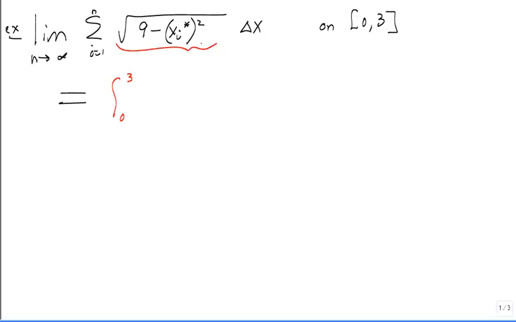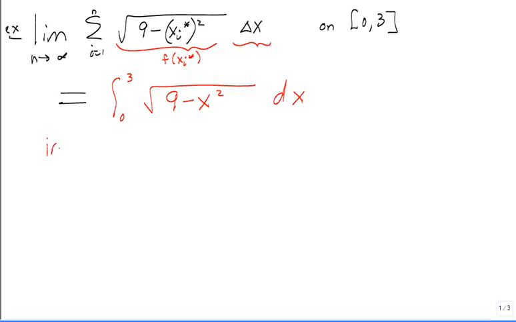The function, this is f of x star, that's your height, so that's going to be square root of 9 minus x squared, and then your width out to x is your dx here. So that's the symbols that we use. So that limit right here, that sum, limit of the sum, represents this definite integral. So you may have to convert back and forth.